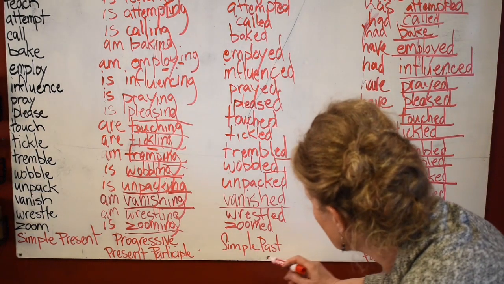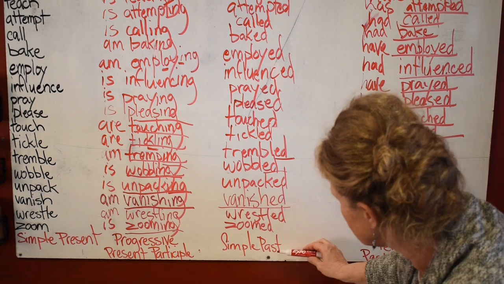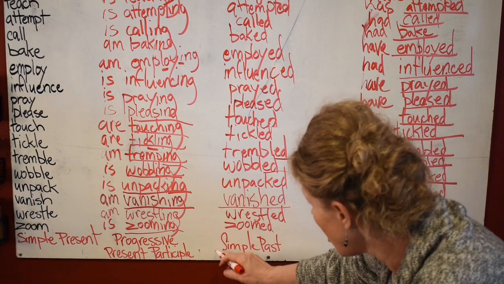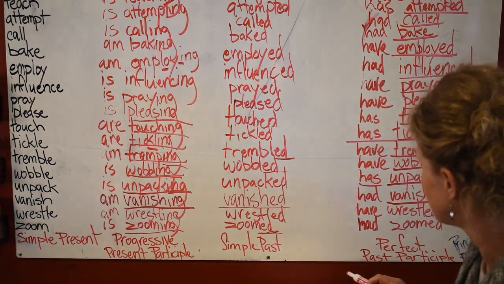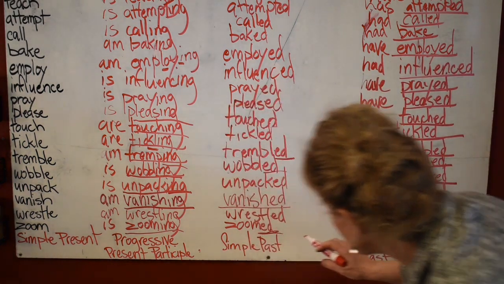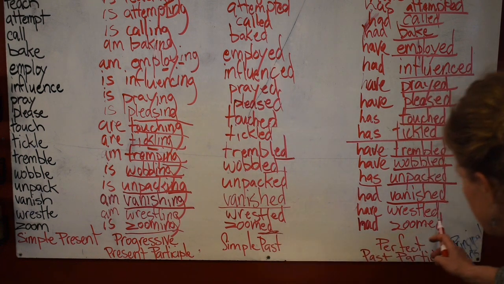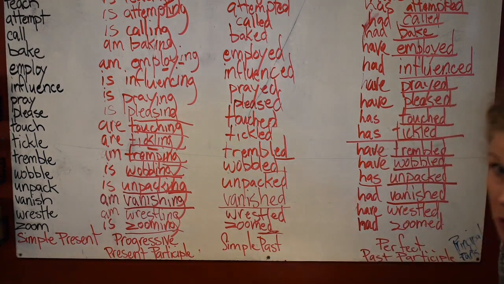Okay? So right here, we have all of these. They are your simple past. And you do not use an auxiliary verb. It just uses the ed. And right here, if you're saying, well, that's the simple past verb, it's not an adjective. But it's the same word, right? So you could say, oh, this is the past participle, because it is.